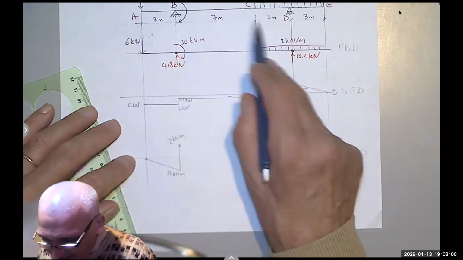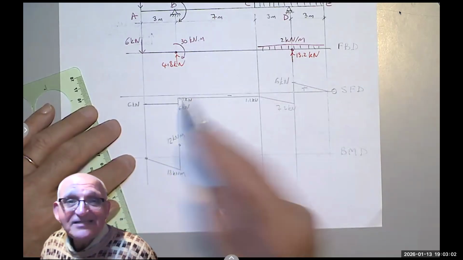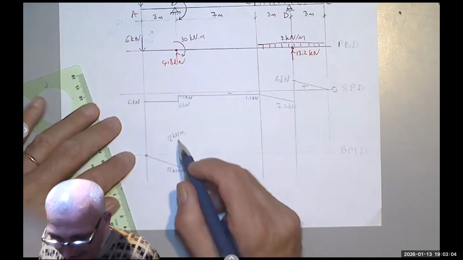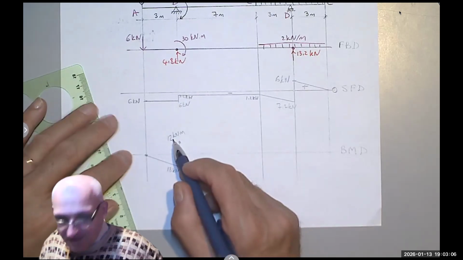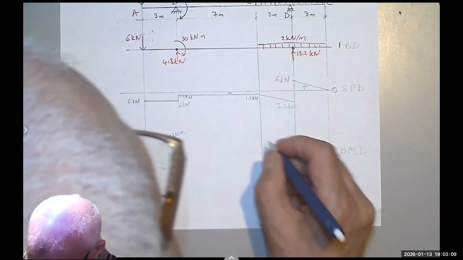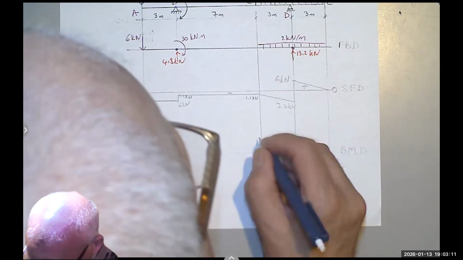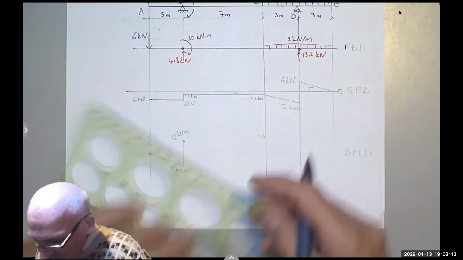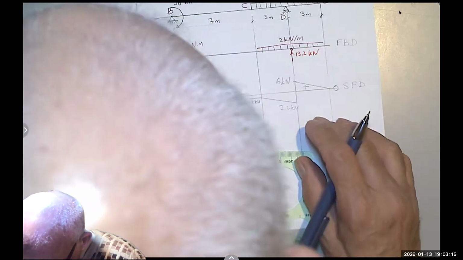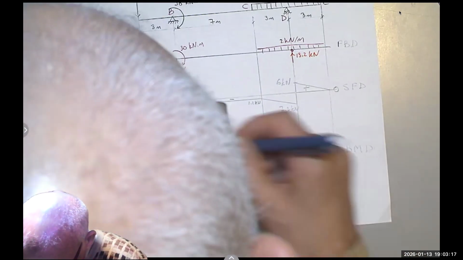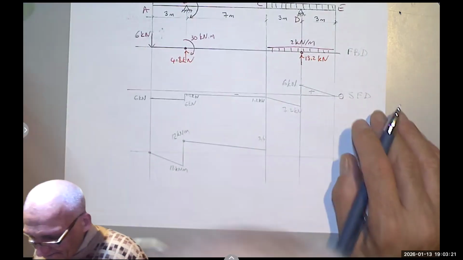A distance of 7 times 1.2 is 8.4. So you subtract 8.4 from here, you get 3.6. So I will get to a moment of 3.6 at this point. It drops down to 3.6, okay?